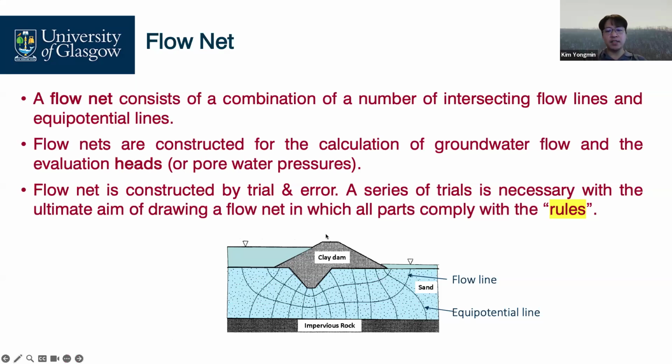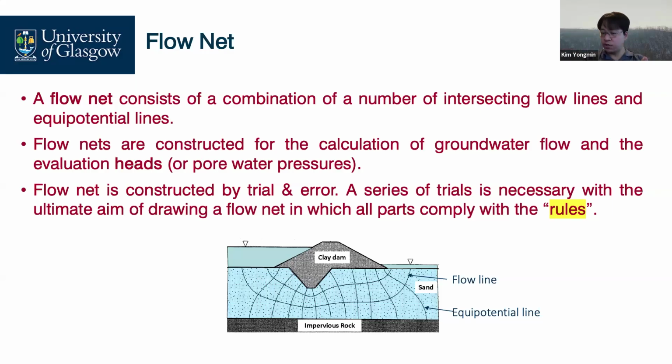So this flow net can be constructed by trial and error. A series of trials is necessary with the ultimate aim of drawing a flow net in which all parts comply with the rules. In nature, water flows, and we can identify the flow directions via some ink, red ink, blue ink, green ink.